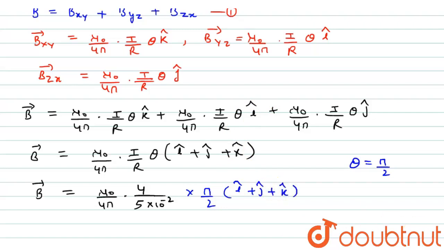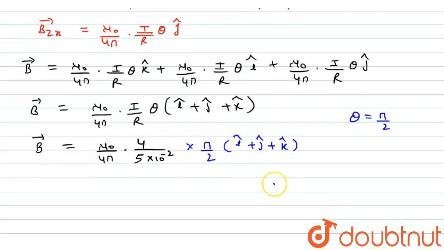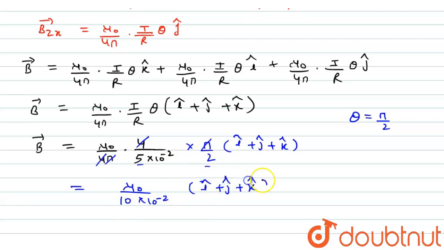So after simplification we can simplify this equation like this. It will be equal to mu naught divided by 10 into 10 to the power minus 2, times (i cap plus j cap plus k cap).